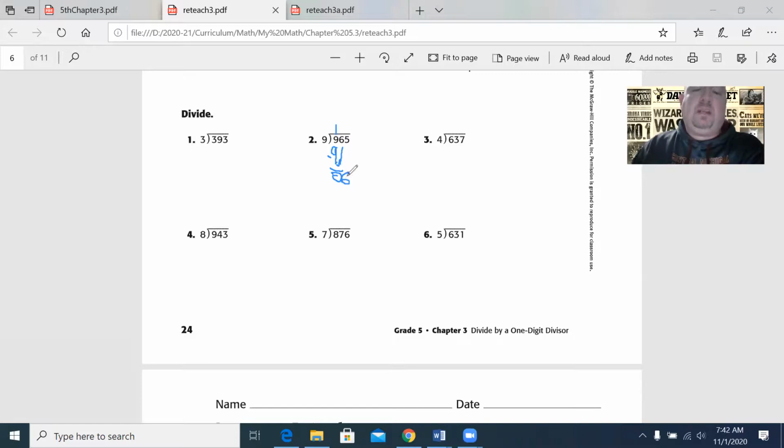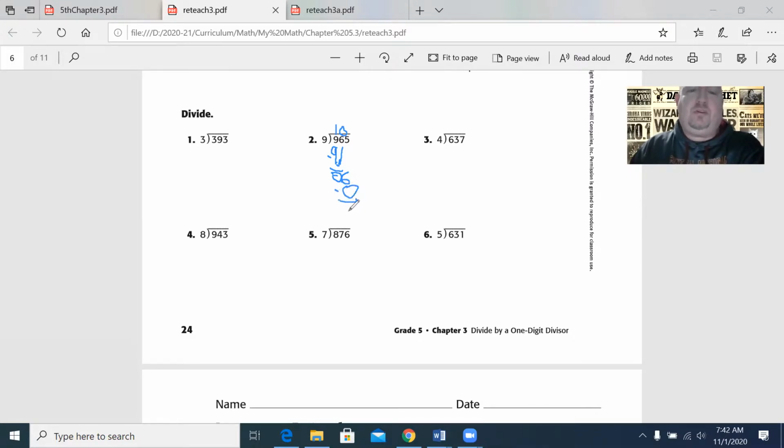So now I'm going 9 into 6. I'm not worried about what's up here anymore. 9 does not go into 6, so I put a 0. Anytime that my divisor is bigger than the number I'm looking at, we're going to use a 0. So we'll subtract a 0 because 0 times 9 is 0.